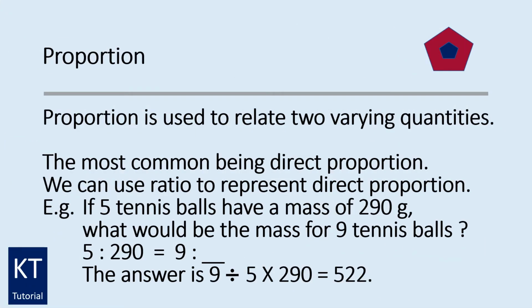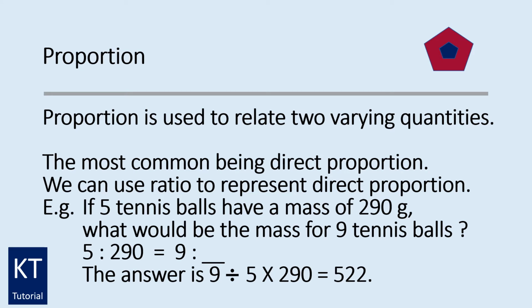Next, we shall discuss proportion, which is used to relate two varying quantities. The most common type of proportion is direct proportion. Direct proportion can be represented with a ratio. For example, if 5 tennis balls have a mass of 290 grams, what would be the mass for 9 tennis balls?